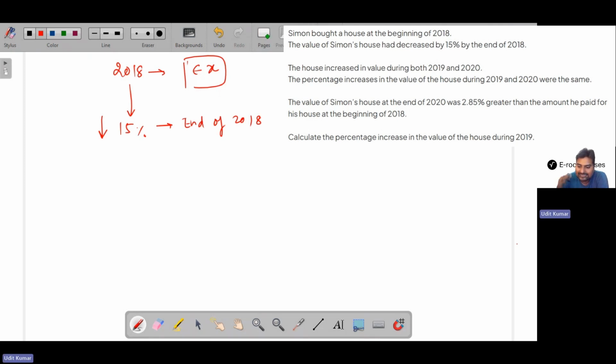The house increased in value during both 2019 and 2020. The percentage increase in the value of the house during 2019 and 2020 are the same.